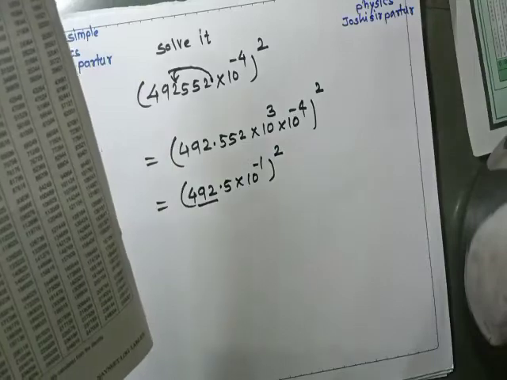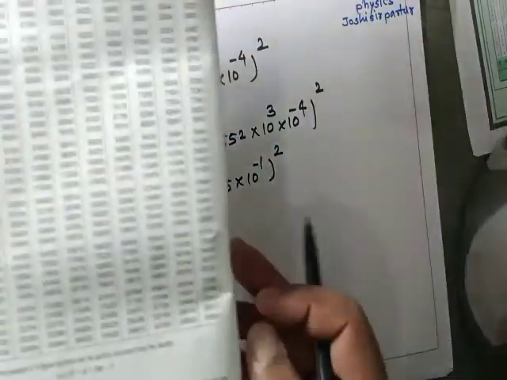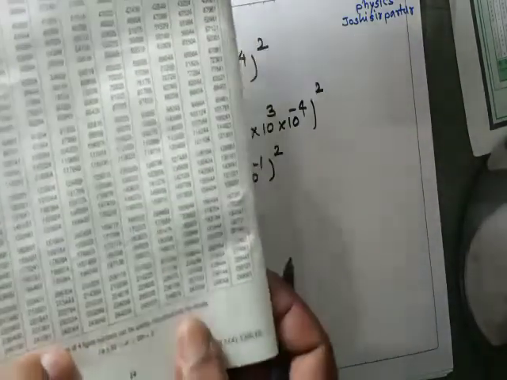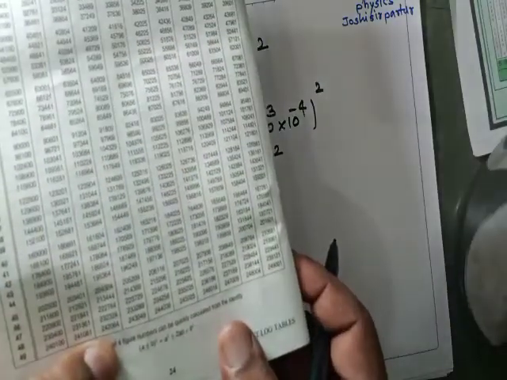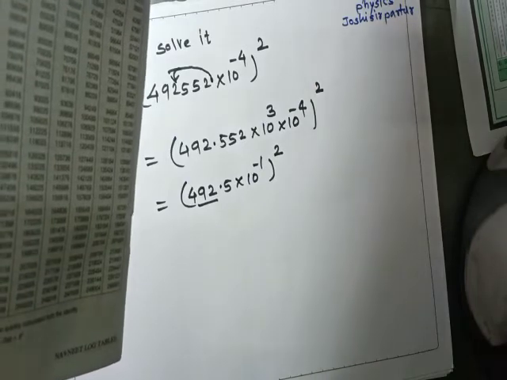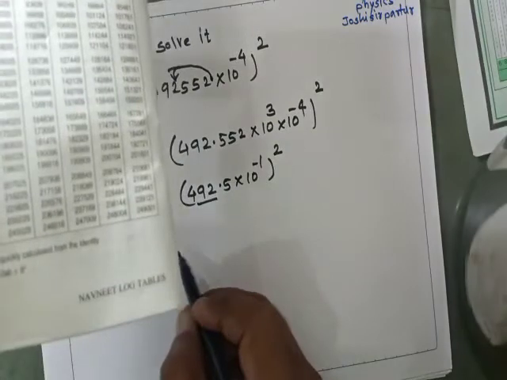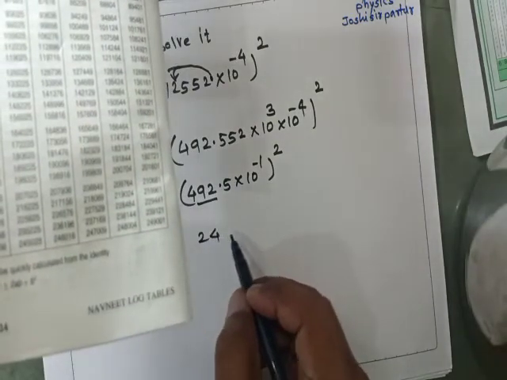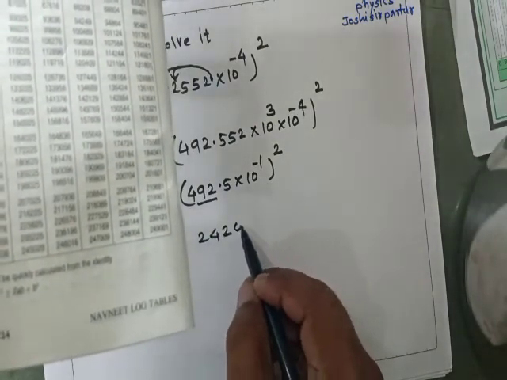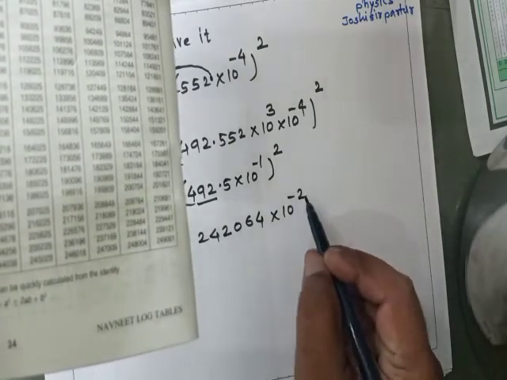So 492 will be 4949, and it is in 2. Here 242064. So here we can write 242064 into 10 to the power minus 2.